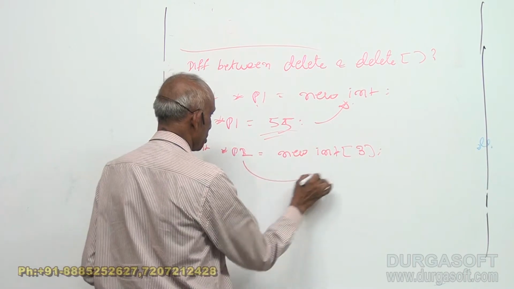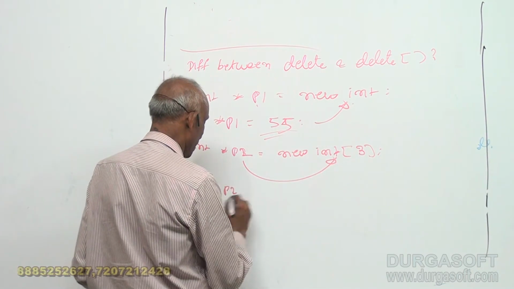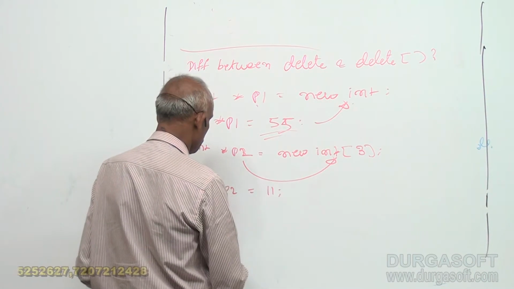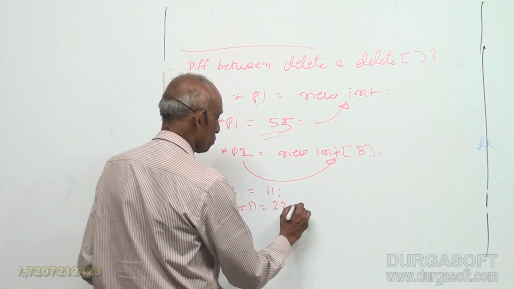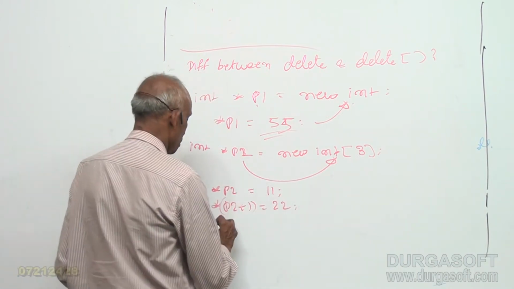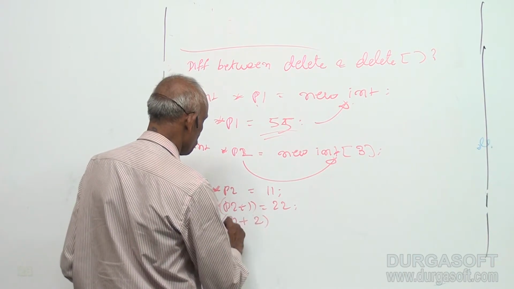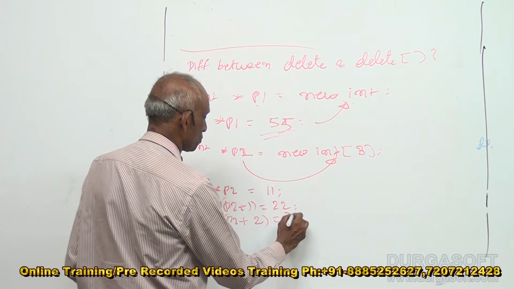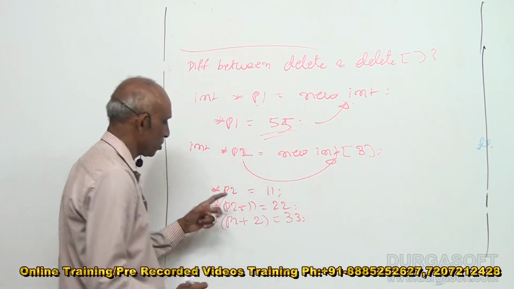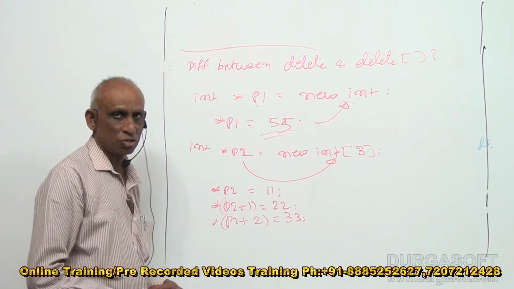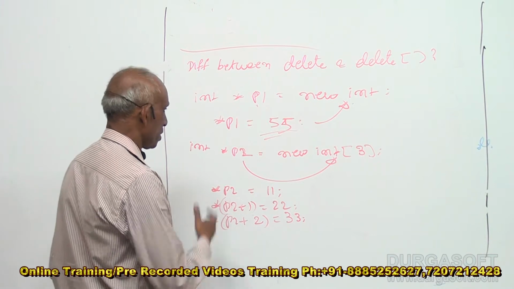Now p2 is pointing to an array of 3 integers. So I can say star p2 is equal to 11, star p2 plus 1 is equal to 22, star p2 plus 2 is equal to 33. Suppose I allocated 3 values to the array. So here array, that is this one.